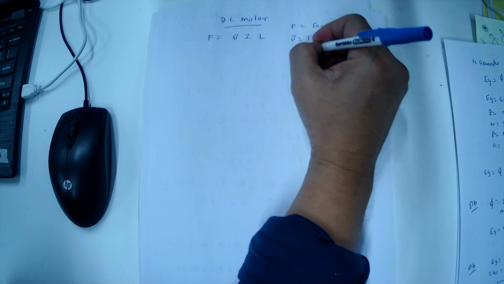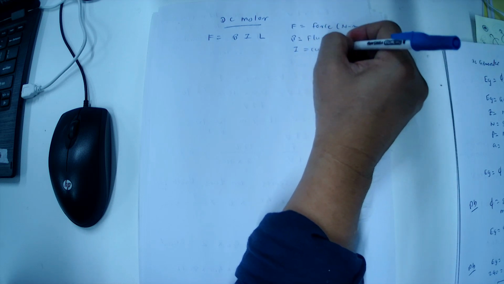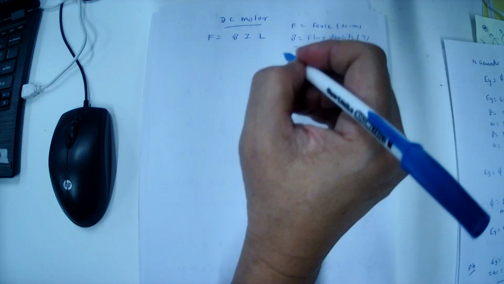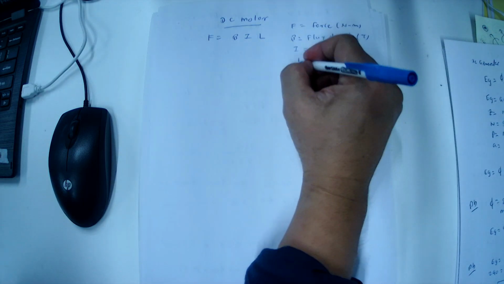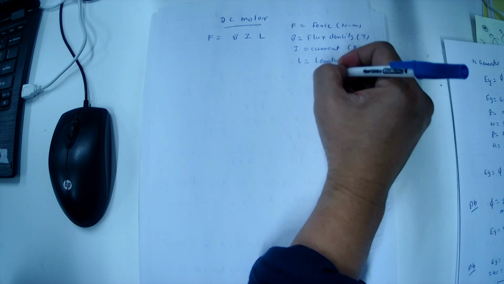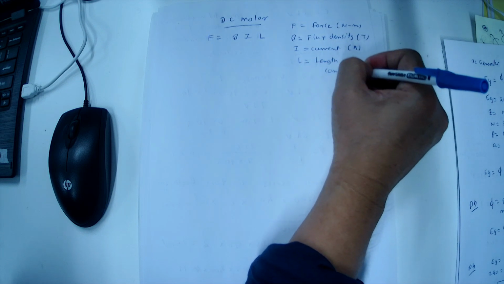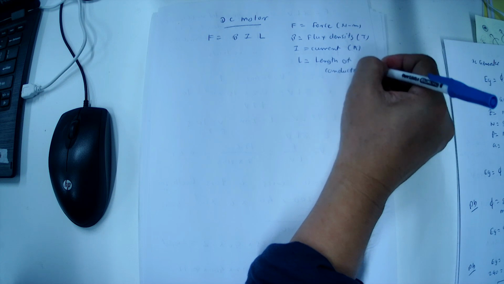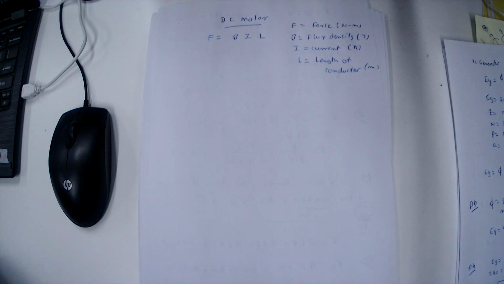I is the current, unit ampere. L is the length of the conductor, unit meter.